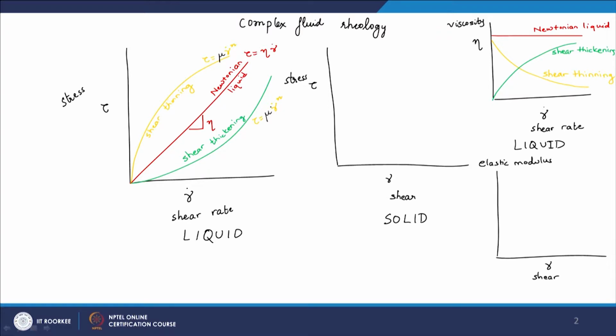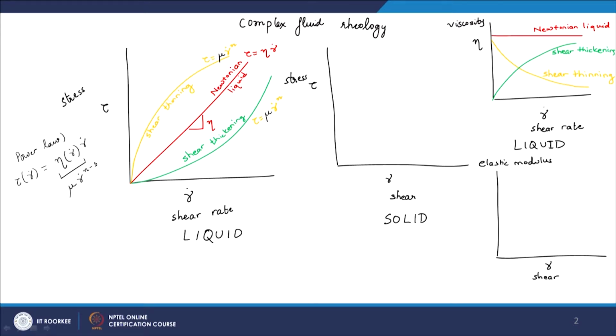So, in the power law model, I can write tau as some function of gamma dot that I call viscosity multiplied by gamma dot, and this eta gamma dot then is my mu gamma dot to the power n minus 1, where mu is assumed to be constant.